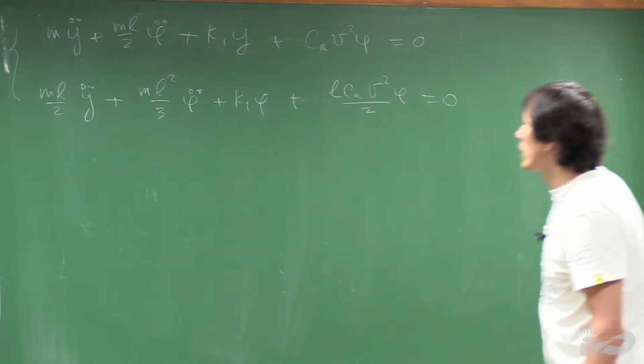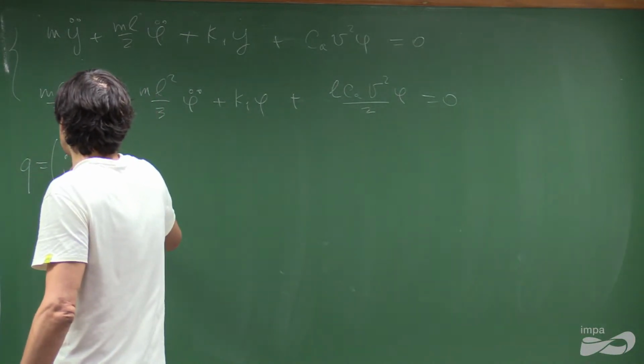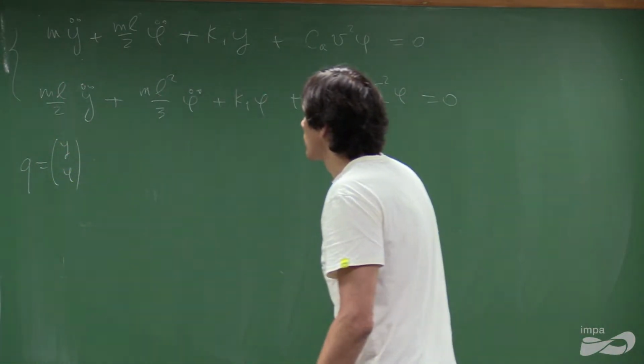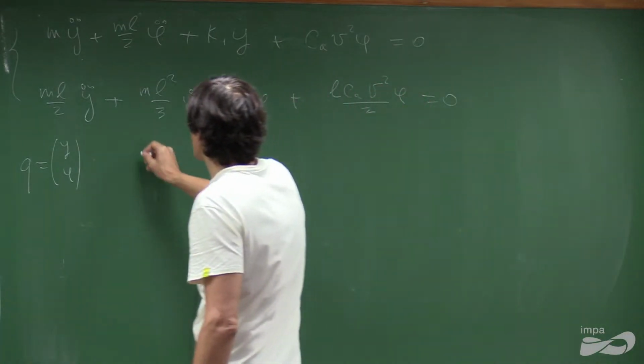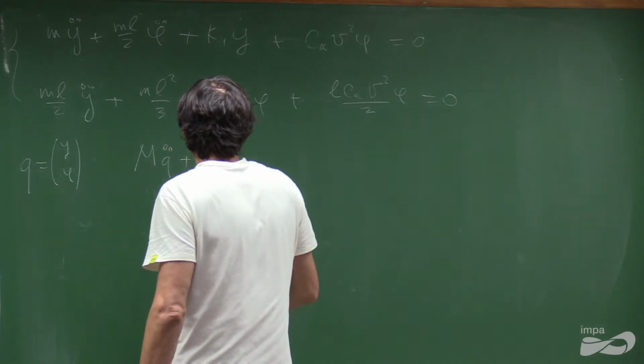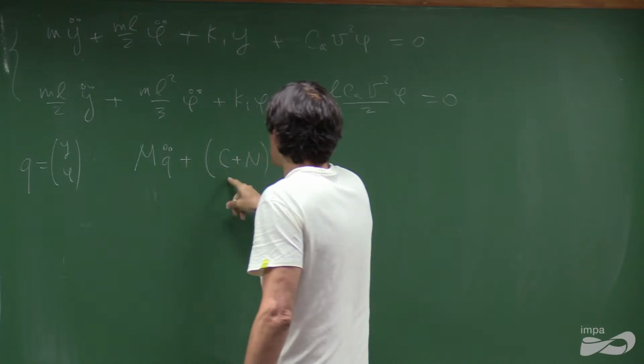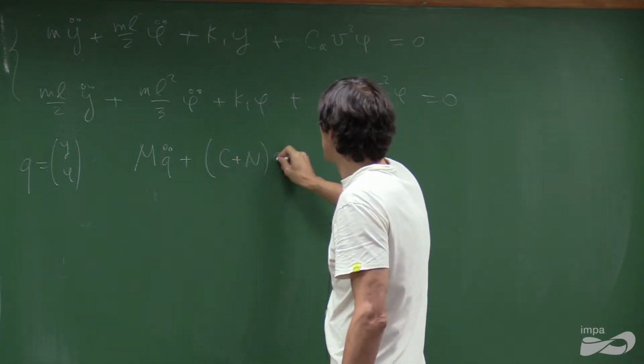And now we write this. We define vector q as y, phi, our two generalized coordinates, and then we can write the equations as M q double dot plus, and then there will be a matrix which is, let's write it as a sum of symmetric and antisymmetric parts.